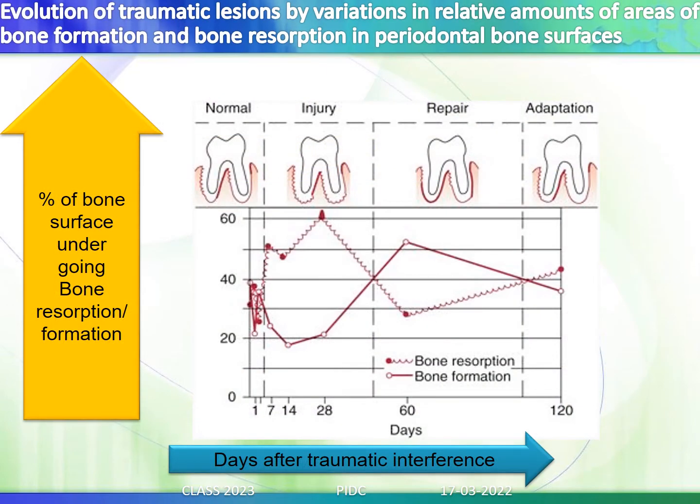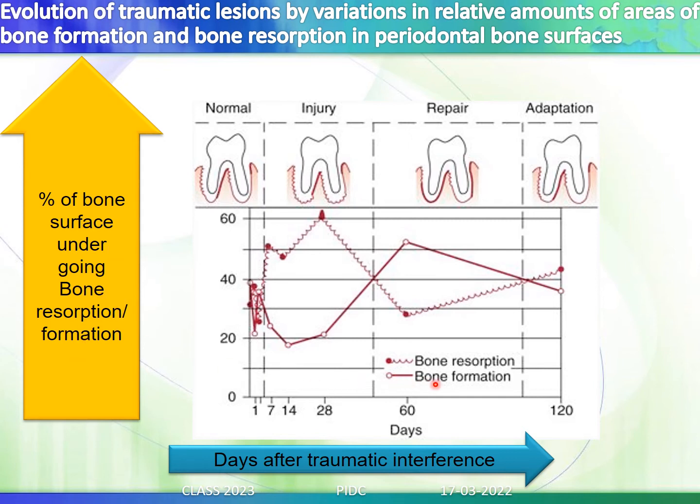Now coming on to a graphical representation which tells about the evolution of the traumatic lesion by variations in the relative amounts of areas of bone formation and bone resorption in the periodontal bone surfaces. Here the x-axis determines the days after the traumatic interference, and the y-axis determines the percentage of bone surface undergoing bone resorption and bone formation.